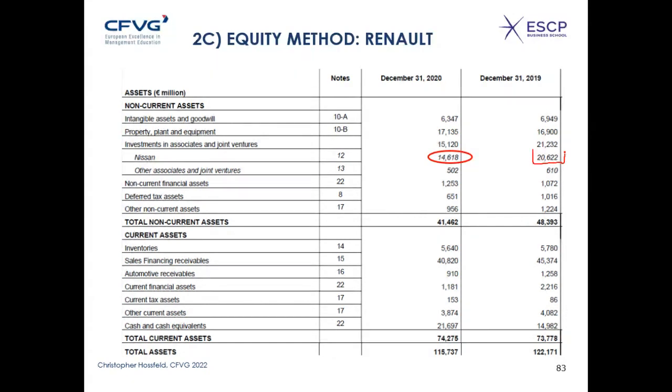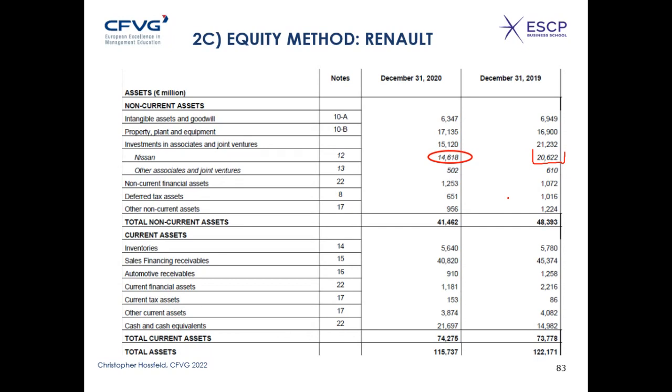Anyone? Well, that tells me that Nissan is in bad shape. Because why does equity decrease? Because of losses. And here, remember, my book value goes down by 5 billion, and this is only 40%.